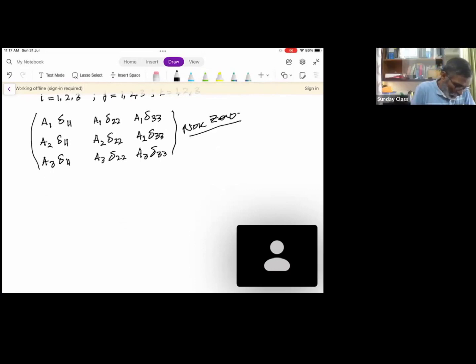Okay. Now let's look at an example of a third rank tensor. The previous one is also a third rank tensor.